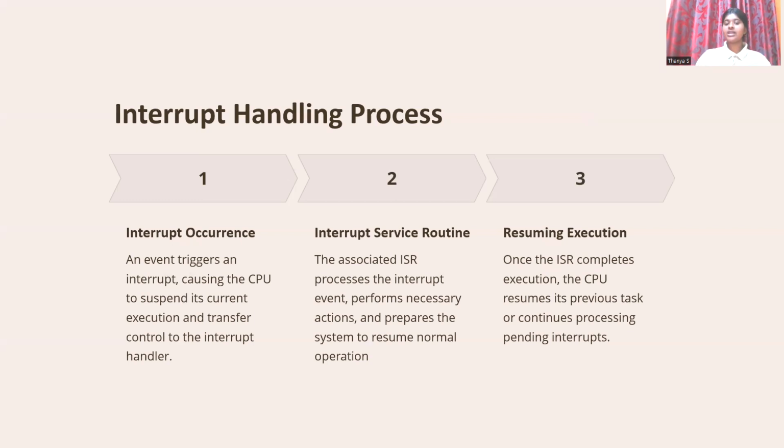In the second, the associated ISR processes the interrupt event, performs necessary actions, and prepares the system to resume normal operation. In the third, once the ISR completes execution, the CPU resumes its previous task or continues processing pending interrupts. So this is how the handling process of an interrupt is done through a cycle.